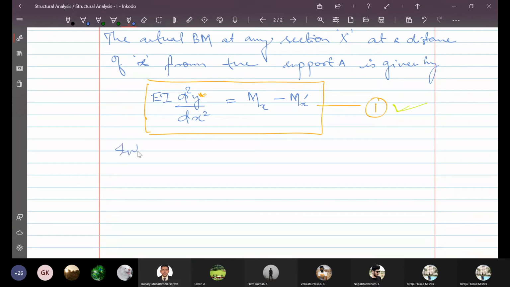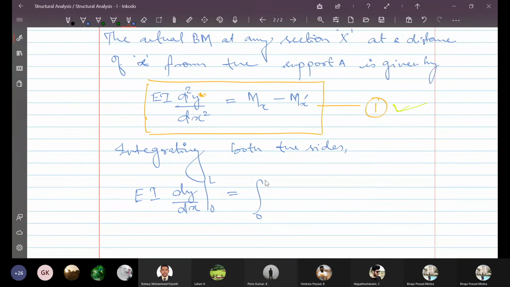Integrating both the sides, it will again be EI into dy by dx, from 0 to L, equals integration 0 to L M x dx minus integration 0 to L M x bar dx.